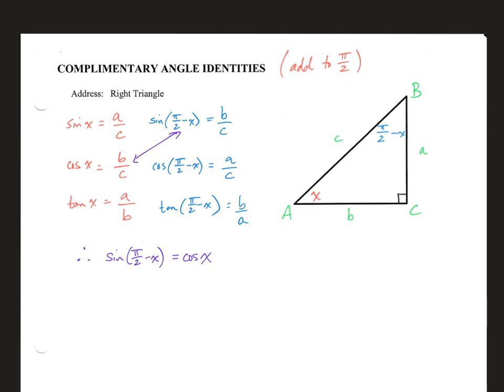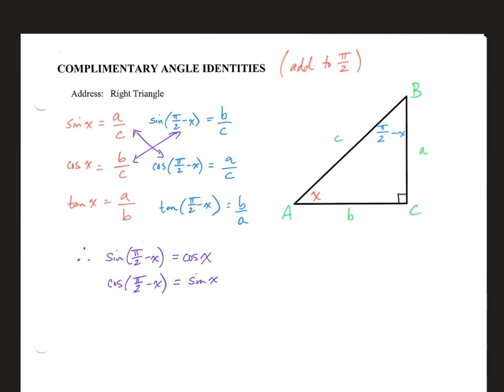I can also see that I have two ratios here that both equal a over c. And so therefore, the cos of pi by 2 minus x is the same thing as the sine of x. Notice in those two purple identities, I have the ability to change my angle. On the left side, my angle is pi by 2 minus x. And on the right side, it's just x.